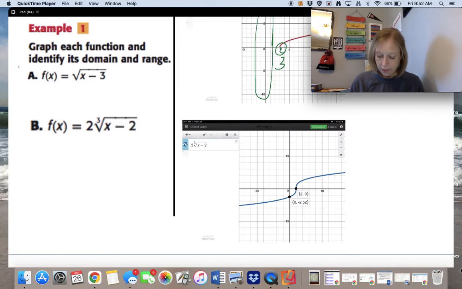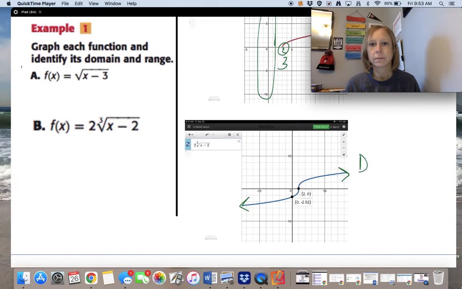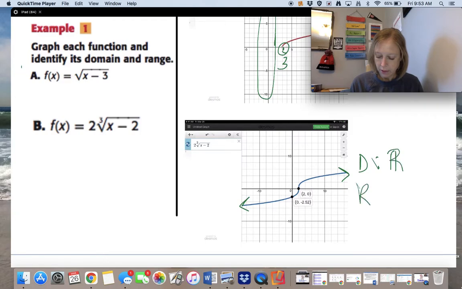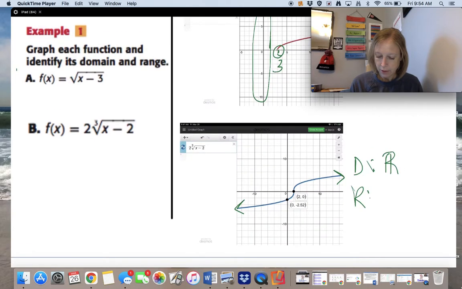The graph extends infinitely in both horizontal directions and vertically. Even though it's moving faster horizontally, it's still going to increase infinitely vertically. So our domain and range are both all real numbers. So I can just use that symbol for all real numbers for my domain, and my range.